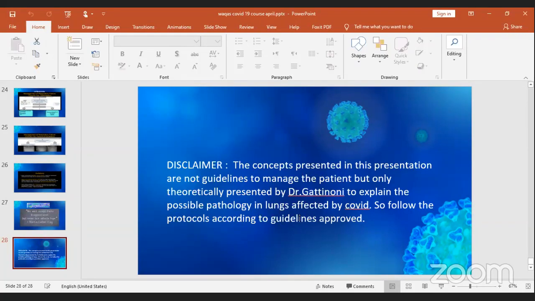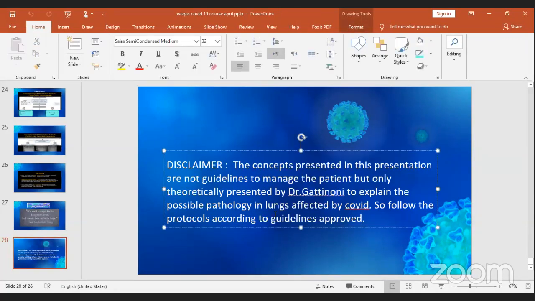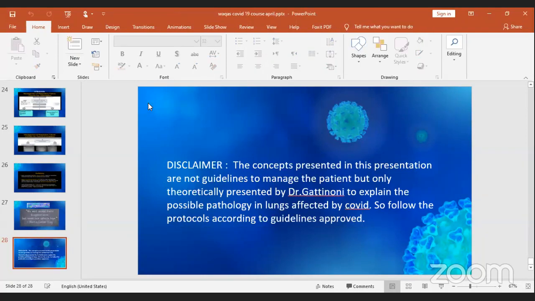Still, in the initial phases, high frequency nasal cannula and CPAP were in the initial WHO guidelines, and I think in France they also recommend it. But because we're in Saudi Arabia, we have to follow the local MOH protocols, so we'll stick to that.